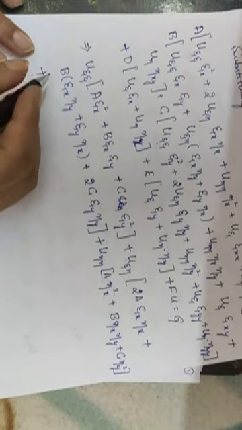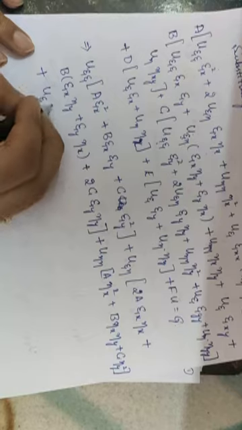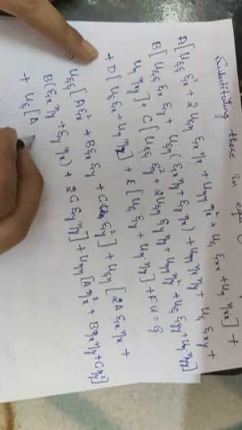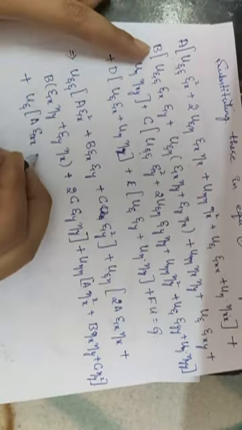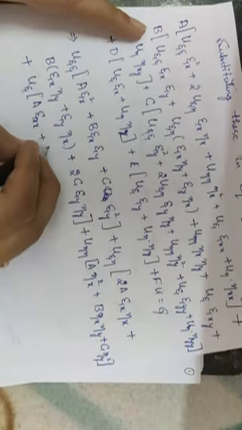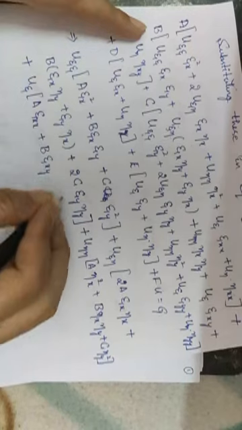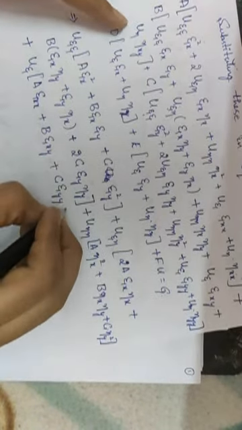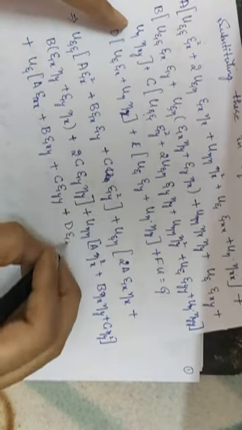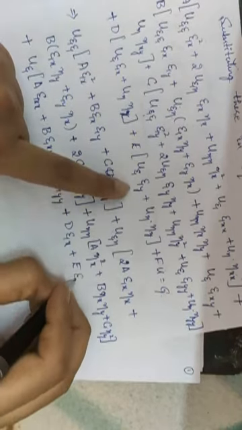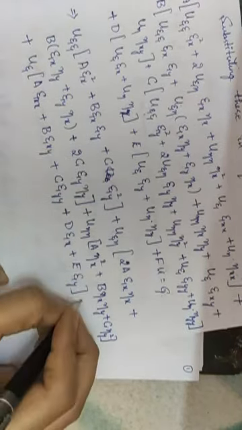plus we can take u xi as common. If u xi is common, we will get a xi xx plus, I have u xi here, so b xi xy plus c xi yy plus d xi x plus e xi y, right? So now take u eta as common.